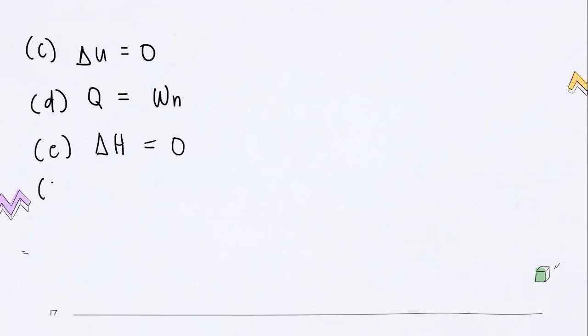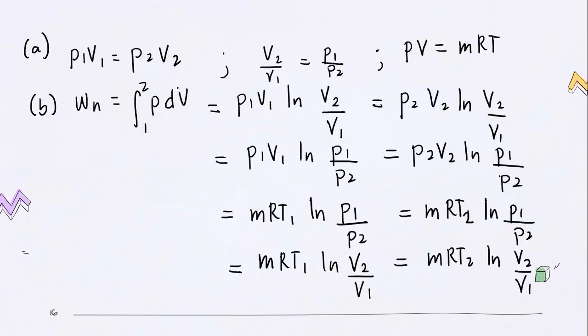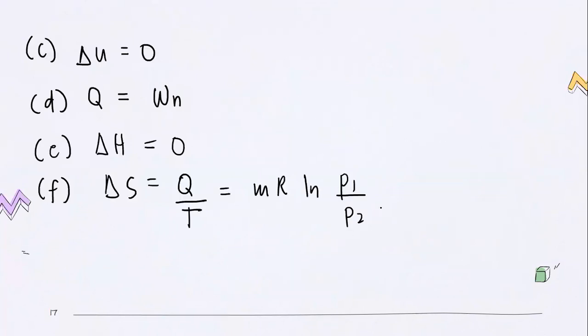And then for the change in entropy, delta S is equal to heat over the temperature, or that is also equal to MR ln P1 over P2. P1 over P2 is V2 over V1. Therefore, this one is equal to MR ln V2 over V1.